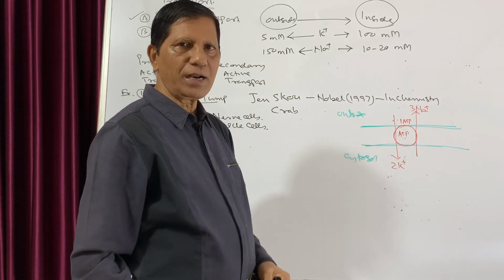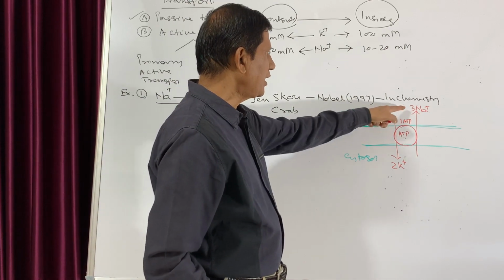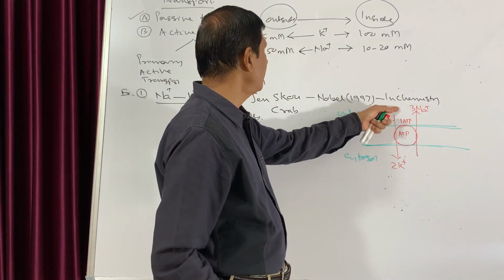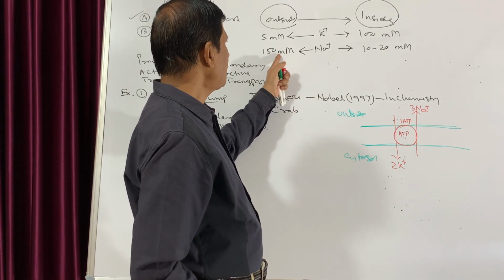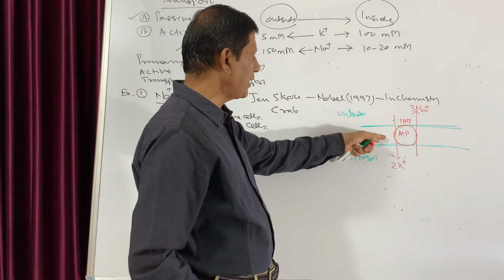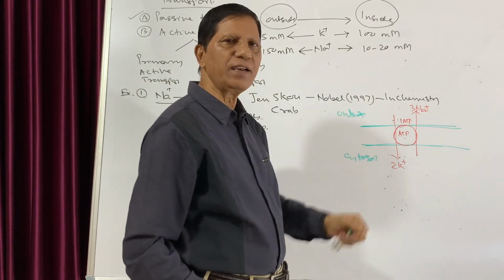So as a result, what happens? The concentration of sodium becomes more outside, as I have given you in the past in this example. The sodium concentration is more on the outside, while the potassium concentration is more inside.